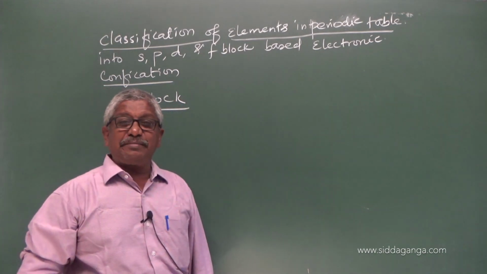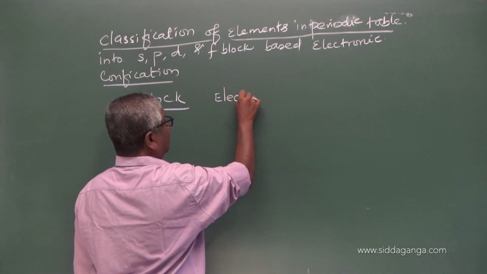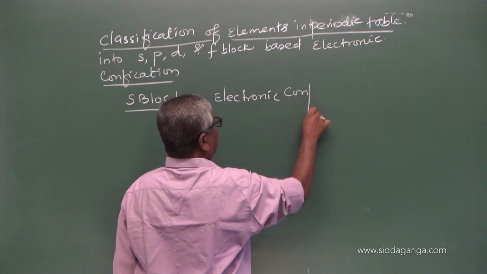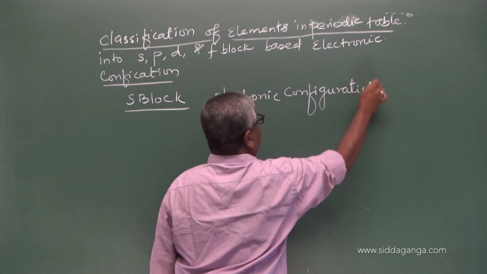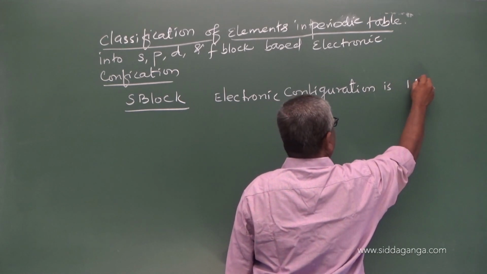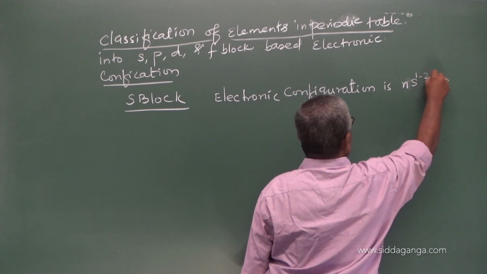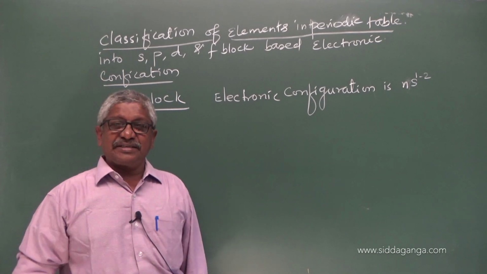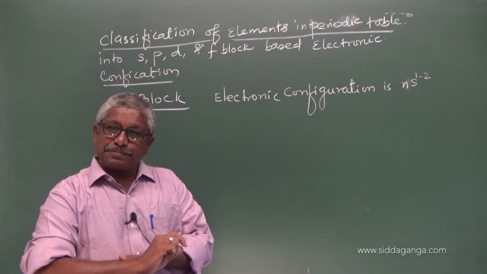The S block elements have the electronic configuration ns1 or 2. Here n indicates the main energy level, also called the principal quantum number.